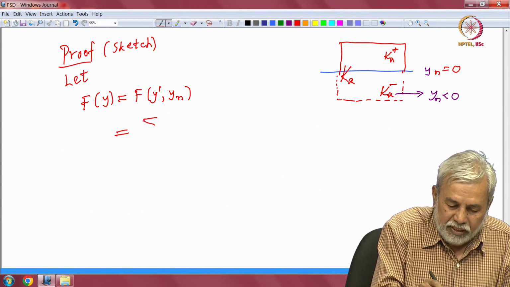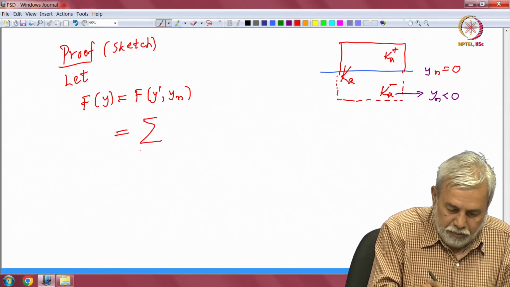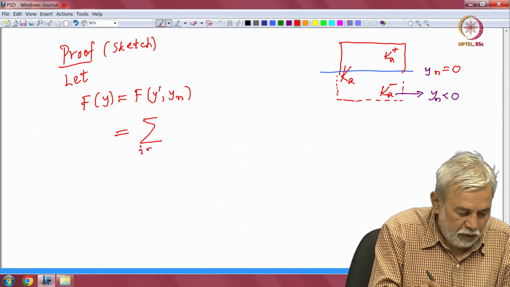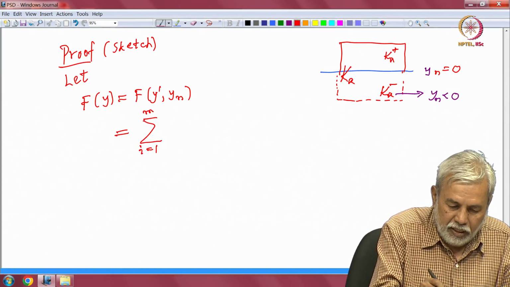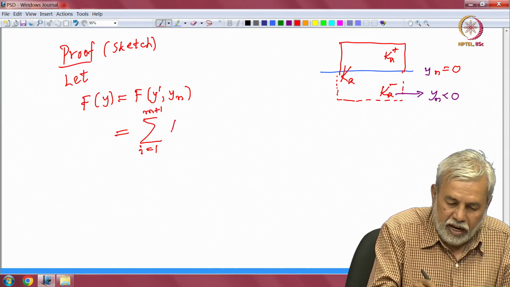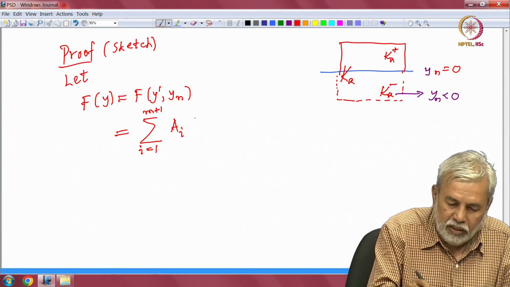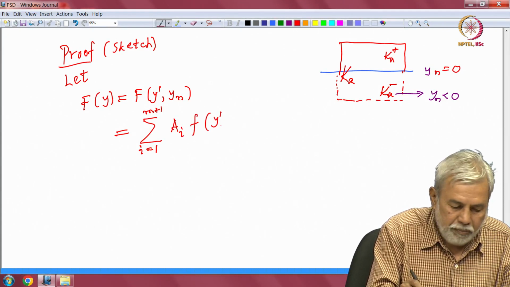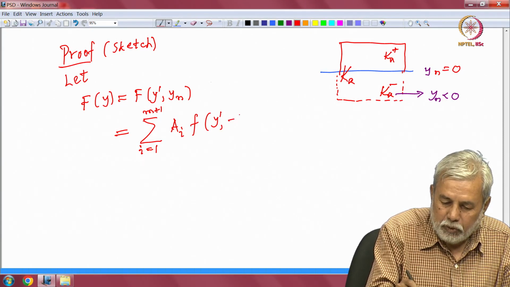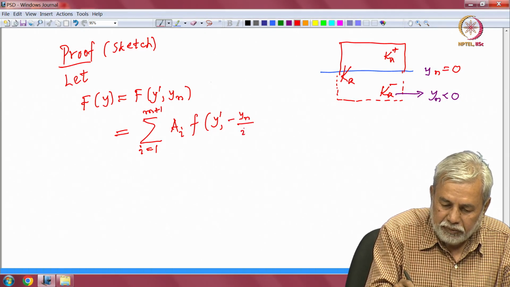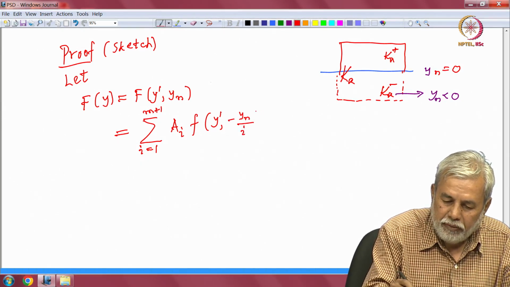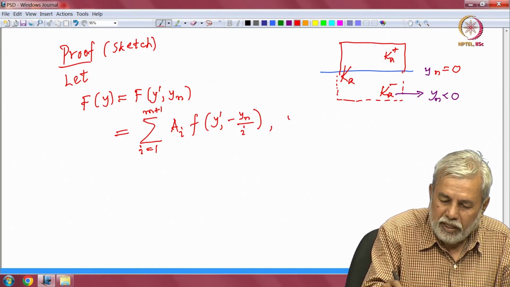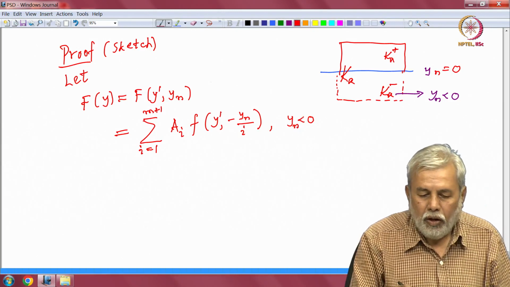So, here is the definition: the sum over i equal to 1 to m plus 1 of a_i times f of y prime, minus y_n divided by i, for y_n negative.